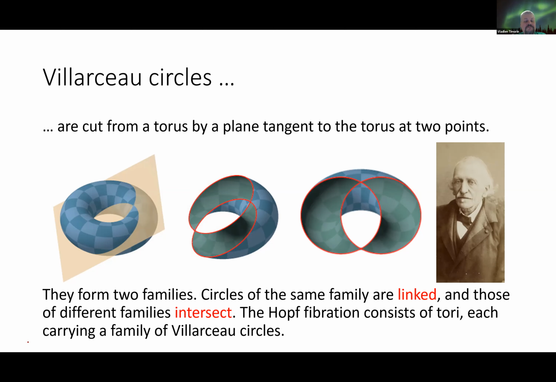What you do is you cut a torus by a plane that is tangent to the torus at two points, one point here, and you can see that this is a point of tangency because the intersection of the surface with the plane looks singular. It doesn't look like a piece of a line, it rather looks like two intersecting lines, and that means that here you have the tangency.